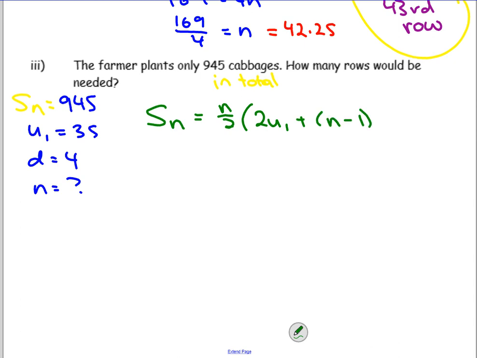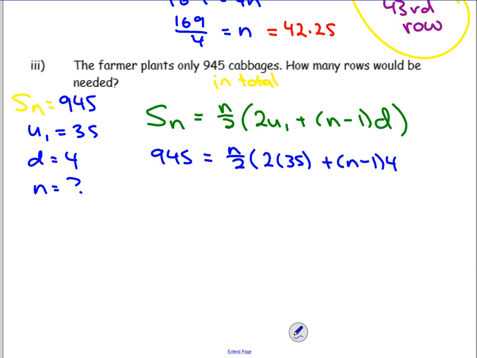That big long one. We're going to end up solving for n. So there's got to be two spaces where the n will appear. So let's plug in the numbers. Get our method mark. n over 2, 2 times 35 plus (n minus 1) times 4. Then we start to try to combine, expand, and do whatever we can.